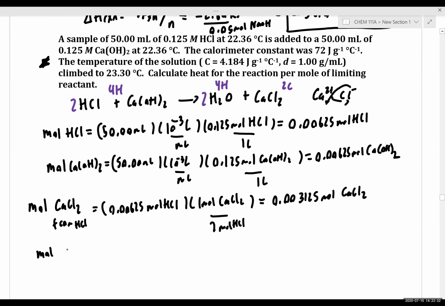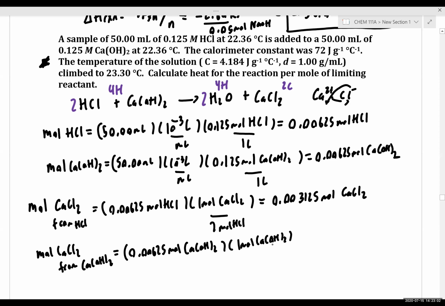Likewise, if we try to calculate the moles of calcium chloride from calcium hydroxide, that in turn gives us 0.00625 moles of calcium hydroxide times 1 mole of calcium chloride per every 1 mole of calcium hydroxide, which in turn gives us 0.00625 moles of calcium chloride.